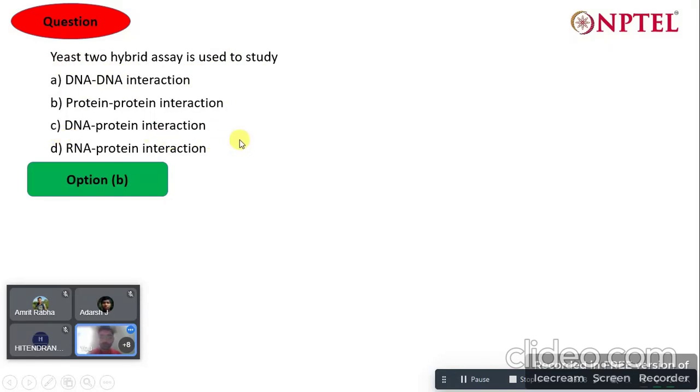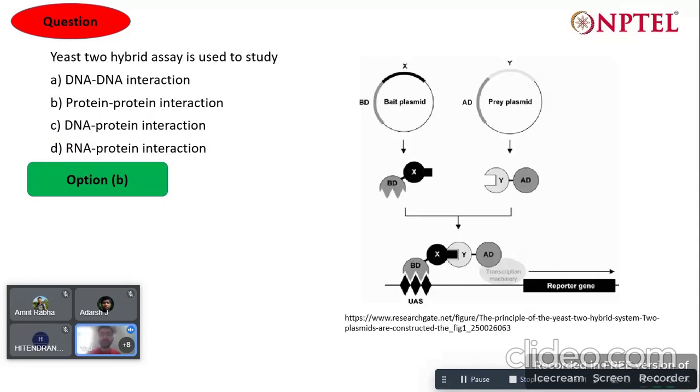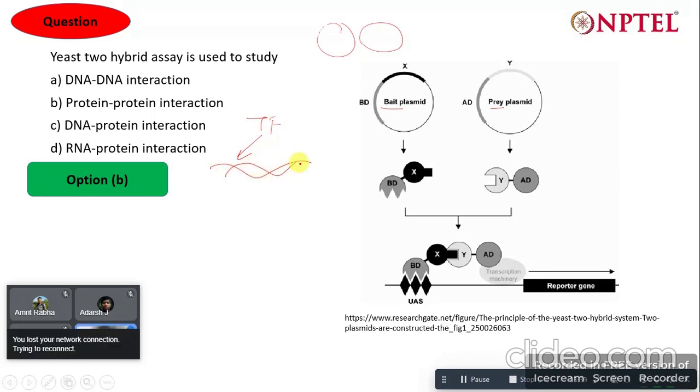So what is usually done in this case? We have to study the interaction of two proteins. How can we study that? We usually do this using a bait and a prey protein. Like we all know, a transcription factor helps in the transcription of the DNA. This is the DNA, and the transcription factor binding site is here.